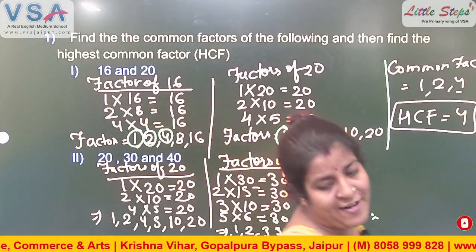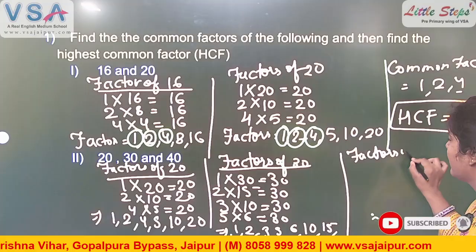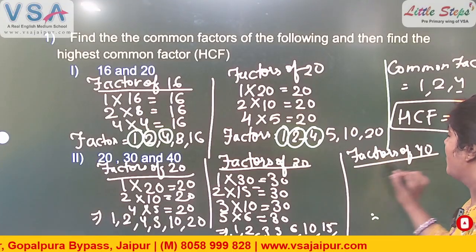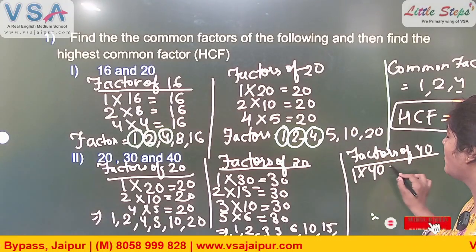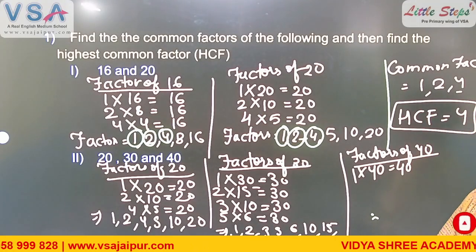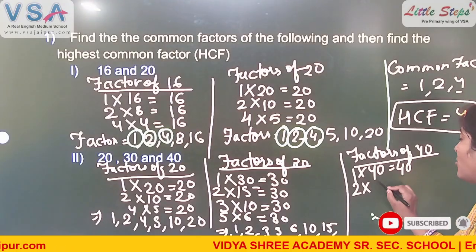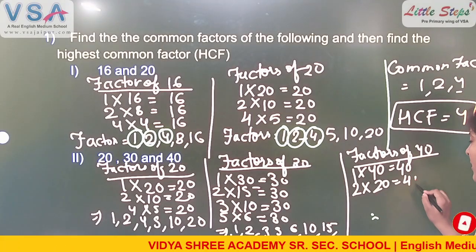Next, Faisal, give me the answer: factors of 40. 1 multiply by 40 equal to 40. Next. 2 multiply by 20 equal to 40. Next.